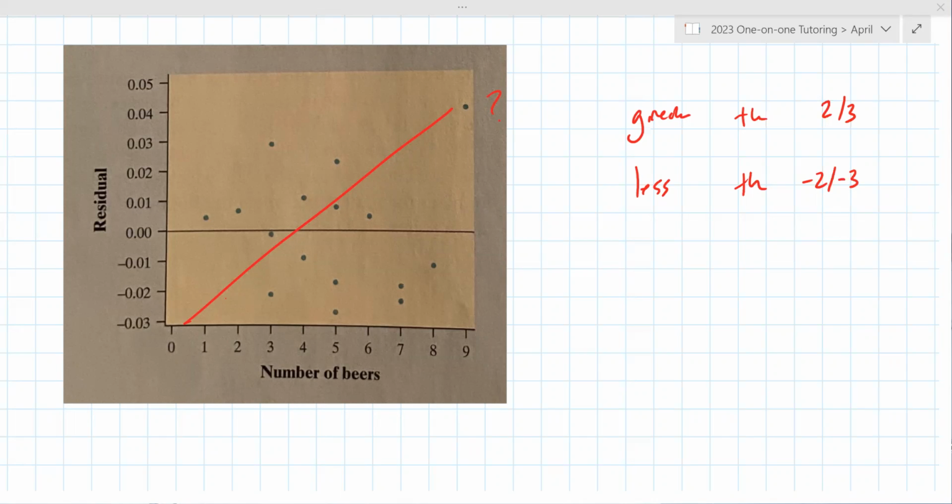Independent: knowing the BAC for one subject should not help us predict the BAC for another subject. Normal: the histogram of the residuals shows no strong skewness or outliers. Equal SD: the residual plot shows a similar amount of scatter about the residual equals 0 line for each X equals number of beers. Random: the students were randomly assigned a certain number of cans of beer to drink.